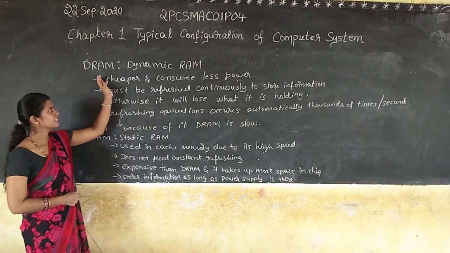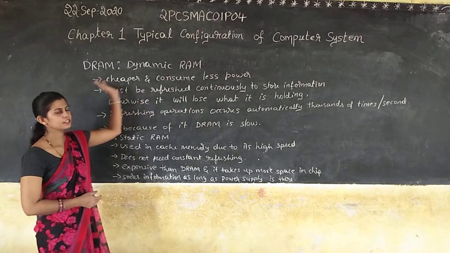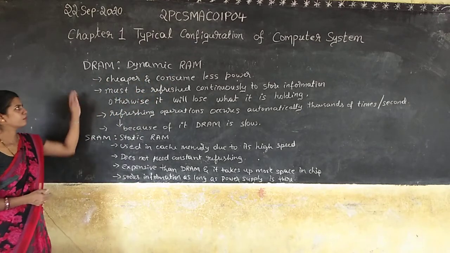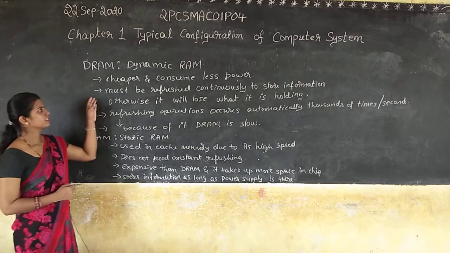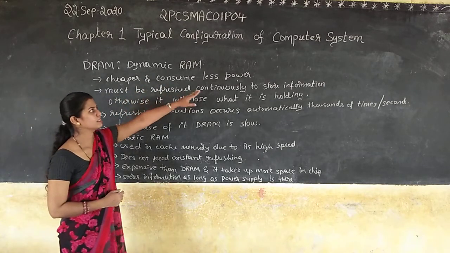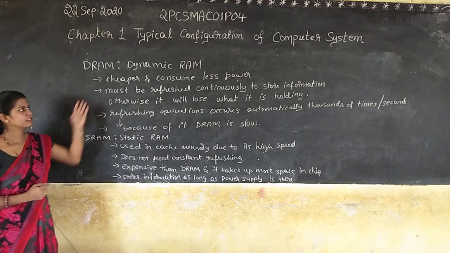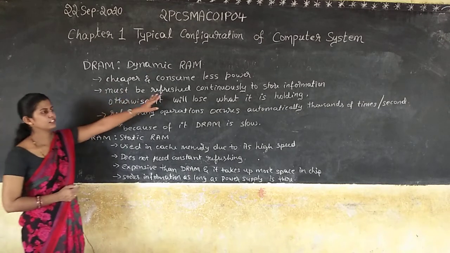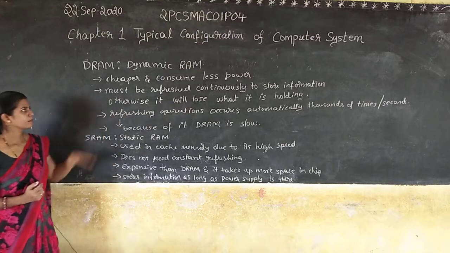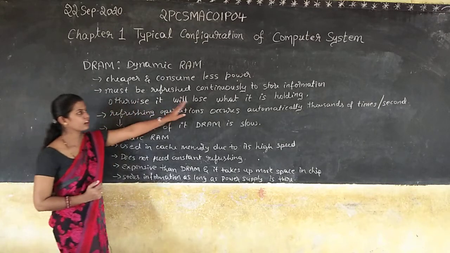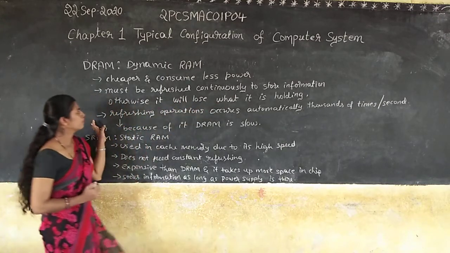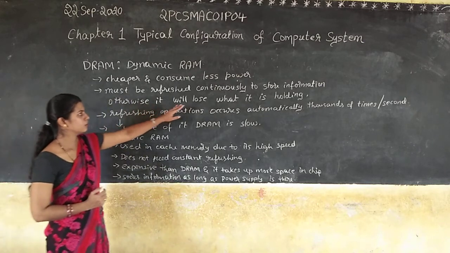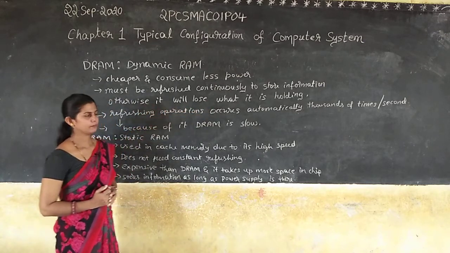DRAM stands for dynamic RAM. It is the most common type of memory chip and it is cheaper and consumes less power. DRAM is very cheap compared to SRAM and it consumes less power. It must be refreshed continuously to store information, otherwise it will lose what it is holding.